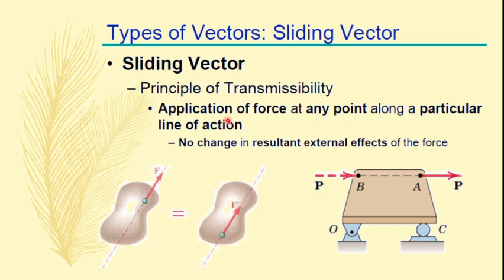And there is no change in the resultant external effects of the force. This type of sliding vector or force is actually applicable for a rigid body. We can use this type of force in a rigid body only.